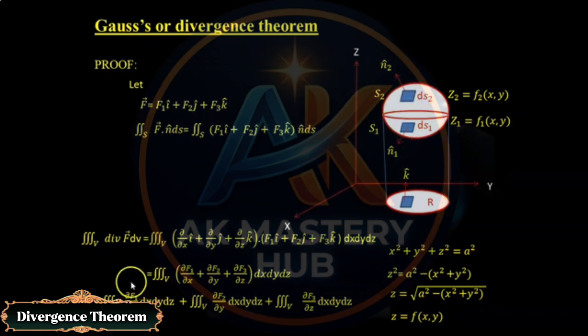For example, suppose you want to evaluate this first, that is with respect to dx. It means we have to draw the projection of this volume on the zy plane. Similarly, for the second term, which is the differentiation with respect to the y-axis, we have to take the orthogonal projection of this volume on the zx plane.